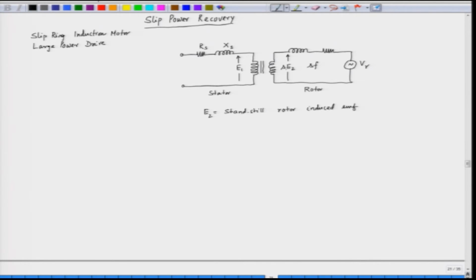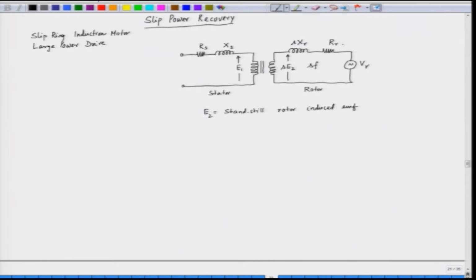So, S into E2 is the induced EMF of the rotor at any given slip S. The reactance is XR corresponding to the frequency F. Now, the frequency is S into F, so we have the reactance which is S into XR. The rotor resistance is RR.